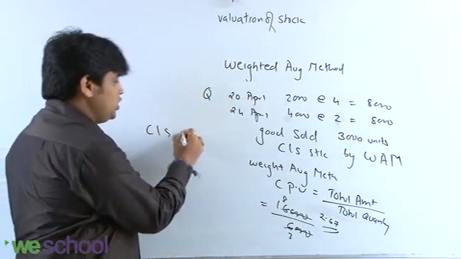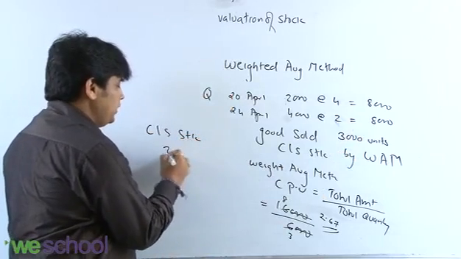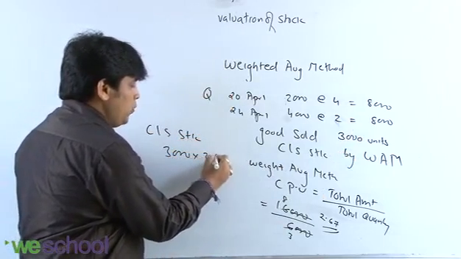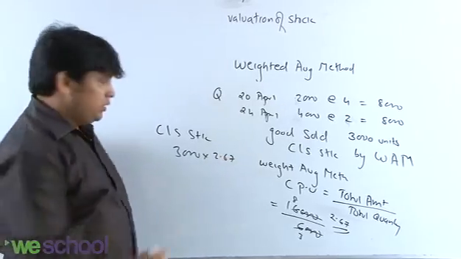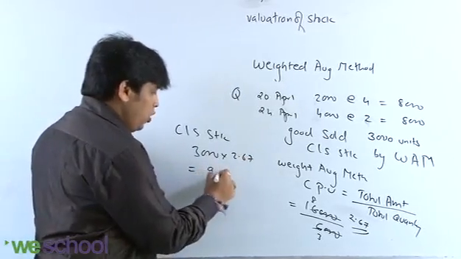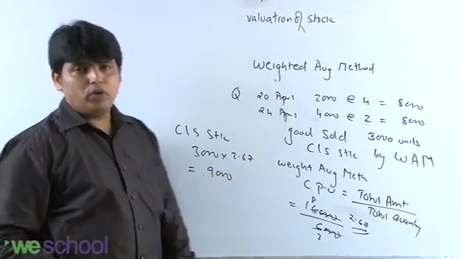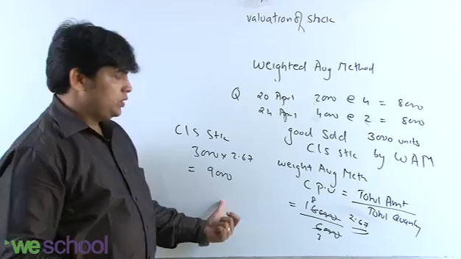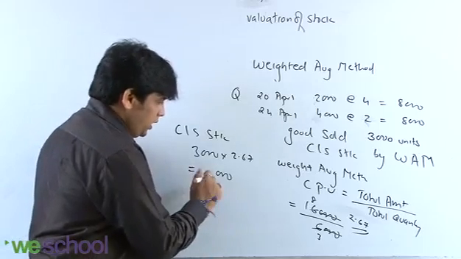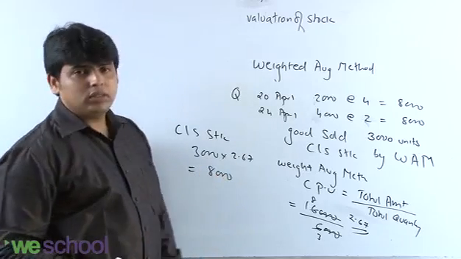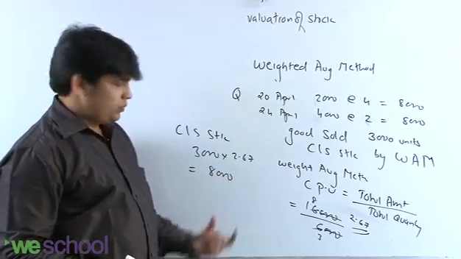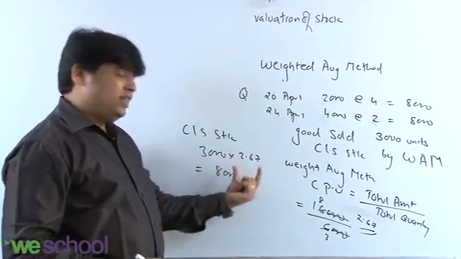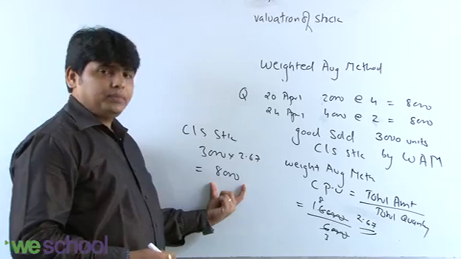Closing stock will be 3000 into 2.67. That will give you near about 8,000, in round figure.